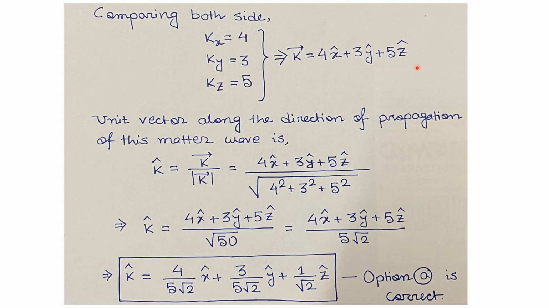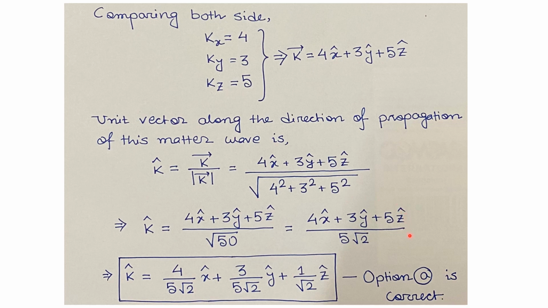Now in order to find a unit vector along this propagation vector, we will take the magnitude of this k vector, then calculate the k vector divided by its magnitude, which will give (4x cap + 3y cap + 5z cap) divided by root over 4 square plus 3 square plus 5 square.